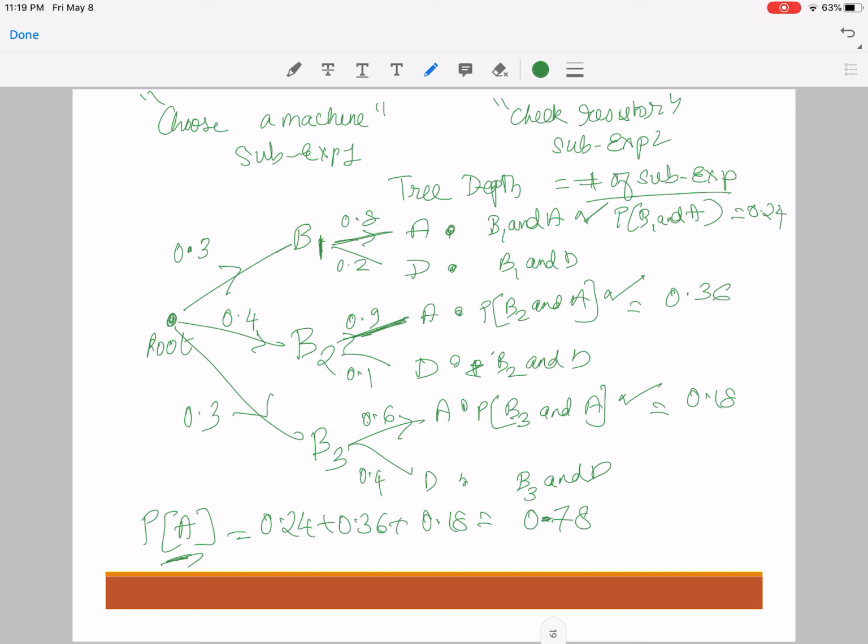Your event of interest is going to be comprised of multiple leaves. To find probability of the event of interest, just add the probabilities of those leaves that correspond to that event of interest. That's all there is to it for the tree diagram. And if you carefully observe here, I have implicitly applied the law of total probability by adding these probability values.